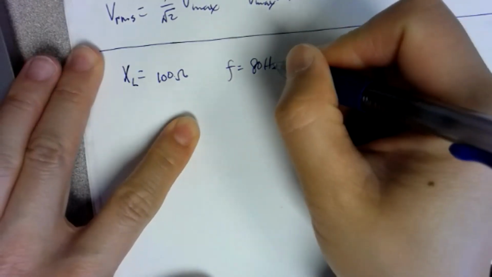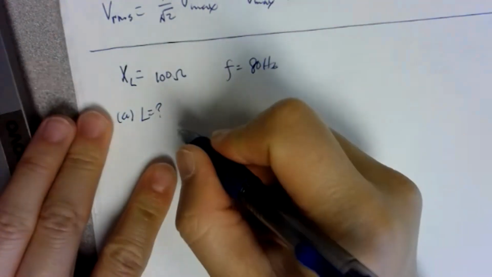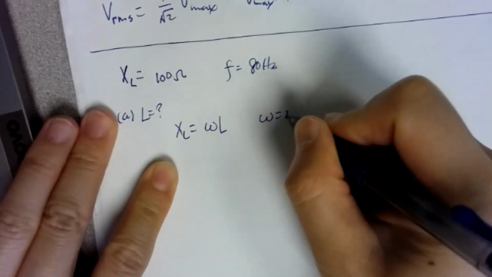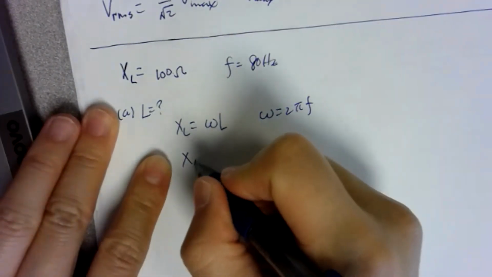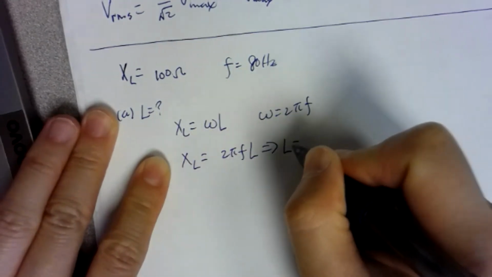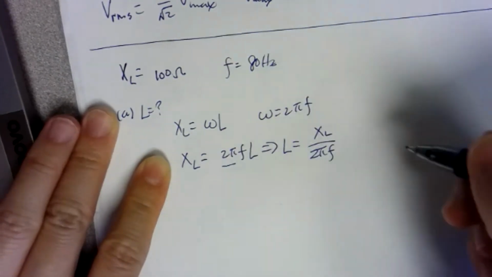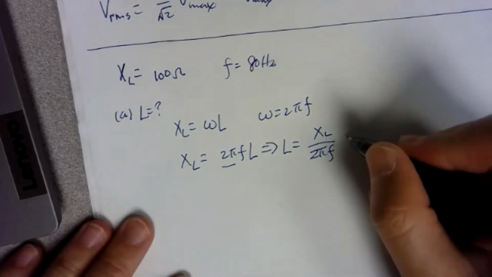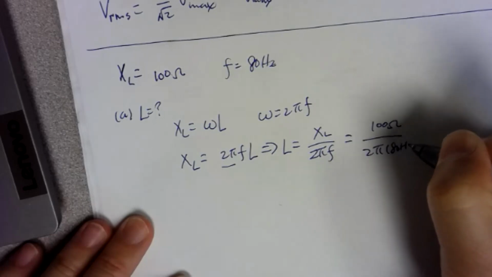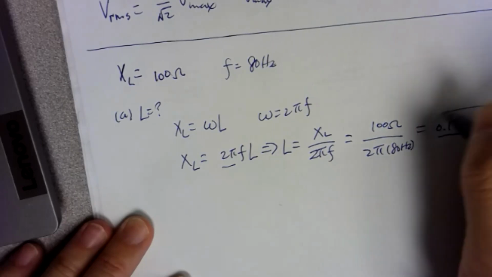What's the inductance L? XL equals omega L and omega equals 2 pi F, so we can write XL as 2 pi F times L. Then L equals XL over 2 pi F. Remember there's a 2 pi multiplied by the frequency. So 100 ohms divided by 2 pi times 80 hertz gives you 0.199 henry for the inductance.